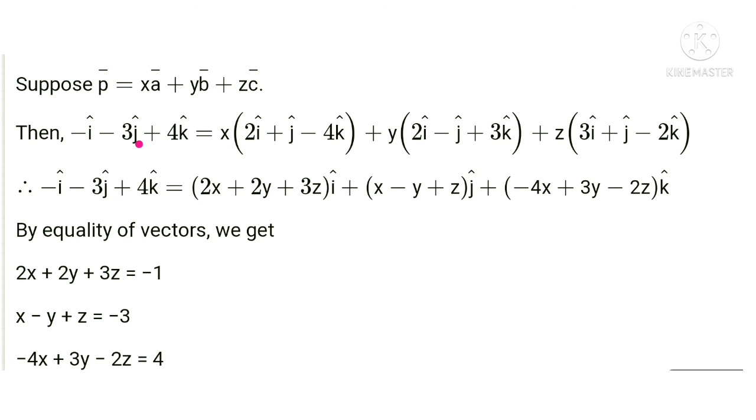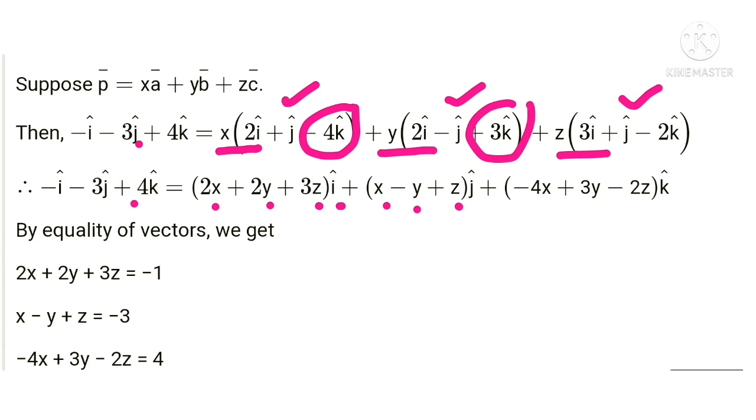Here you collect the terms i cap and i cap. Means i cap is common: 2x plus 2y plus 3z. Then you collect the terms j cap and j cap: x minus y plus z into j cap. Lastly you take k cap: k cap is common, here minus 4x, here 3y and here minus 2z.